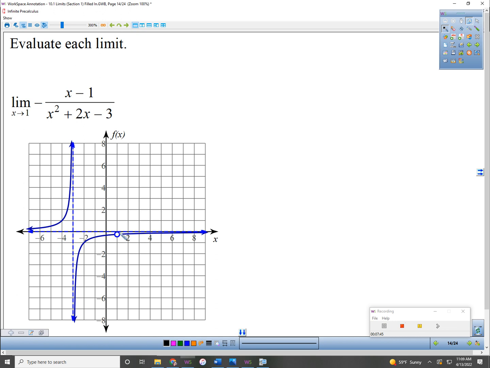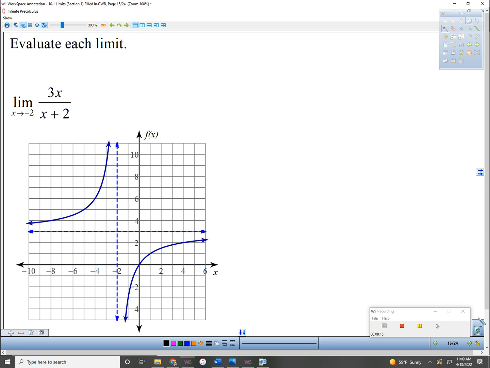I will tell you, though, that if this circle is connecting with the top, it's probably a 1/4. If it's a little bit down, it's a 1/3. If it's in the middle, it's a 1/2. So I'm going to say the limit as x approaches 1 of negative x minus 1 over x squared plus 2x minus 3 is equal to a negative 1/4.